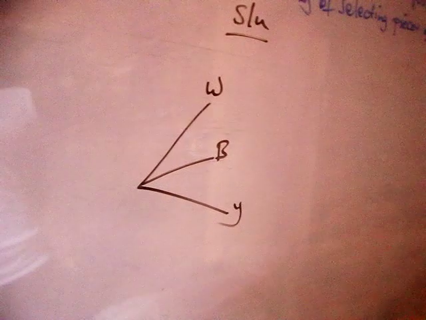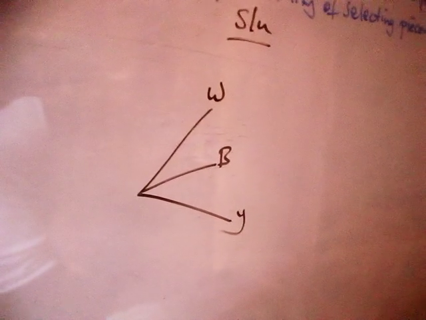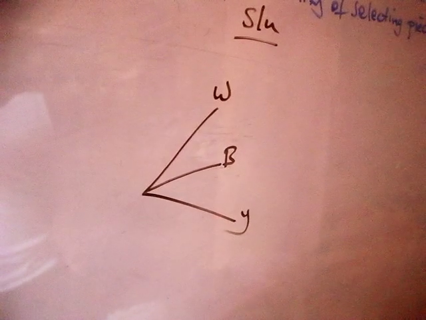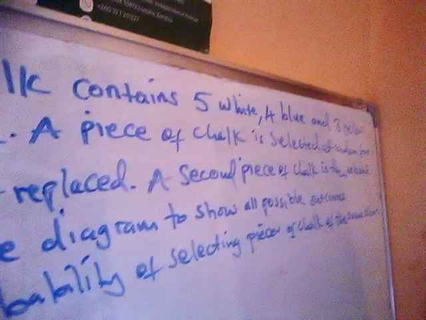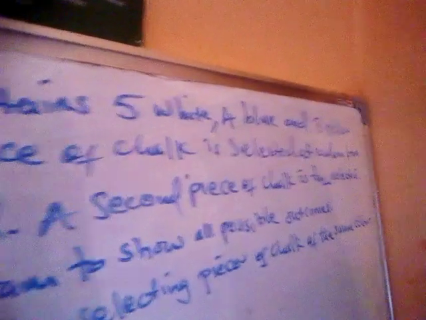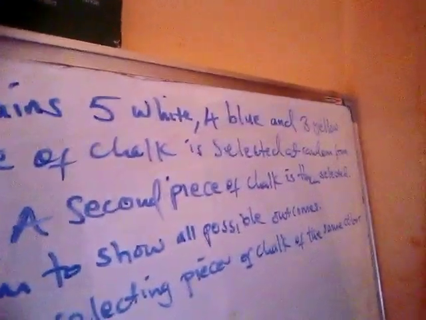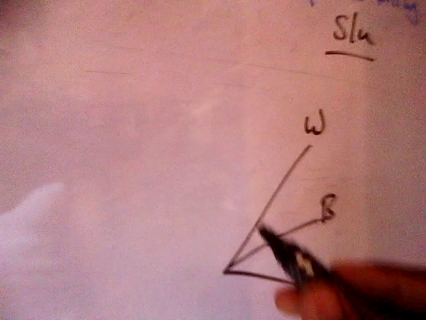So the white pieces of chalk were 5, and the blue were 4, and the yellow were 3. So let's put those probabilities.